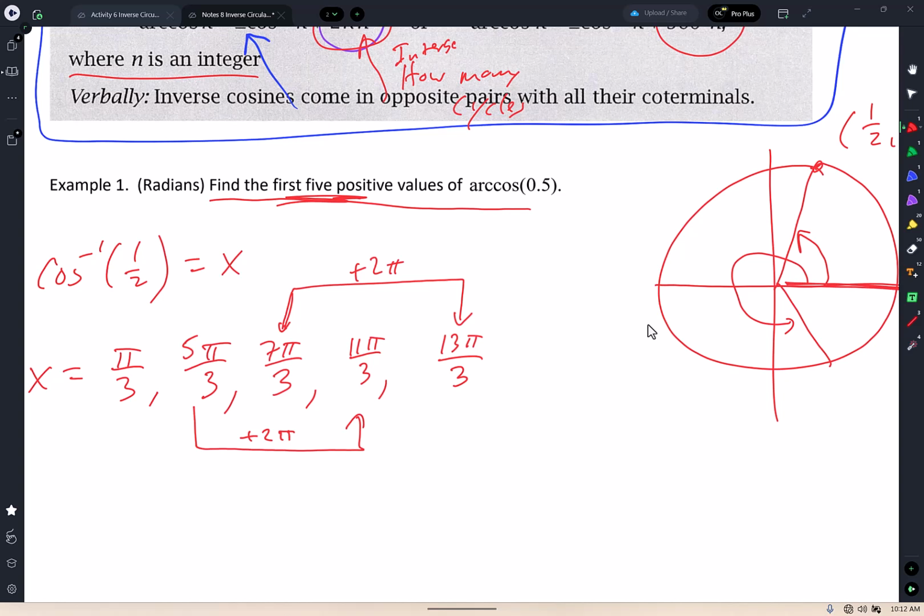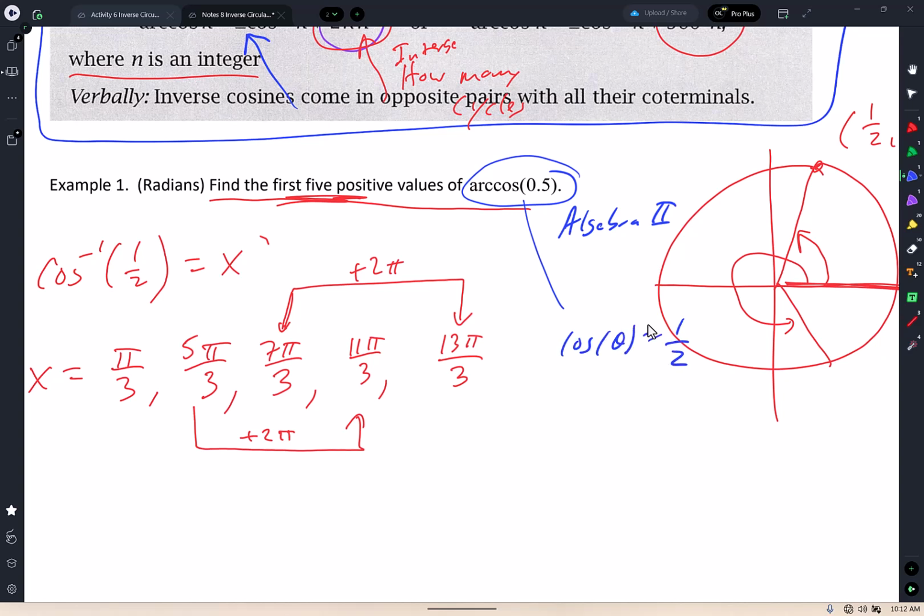How do we feel? Do we feel okay? All right. I want to make sure that we understand what's going on, guys. Okay, let's do it how you did it in algebra 2. This is one of your methods. Remember what this means: cosine of some angle equals a half.